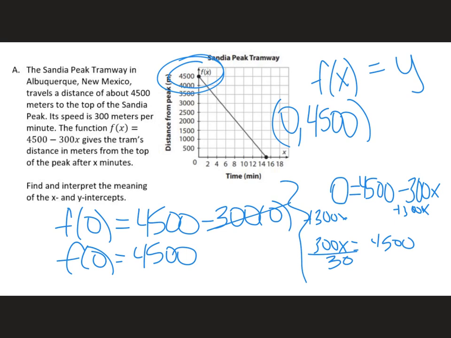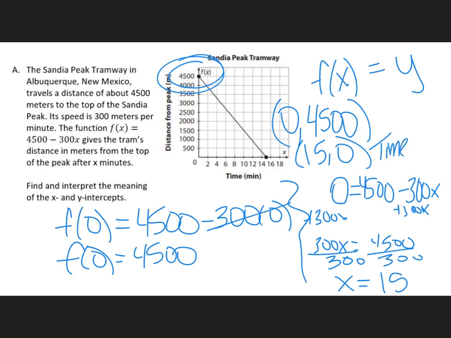And then if you divide by 300, you should find that x equals 15. So your x-intercept here is (15, 0). This is going to be the time it takes to descend from the top of the peak. So 4,500 is the top of the mountain, and (15, 0), your x-intercept, is the time it takes to reach the bottom.